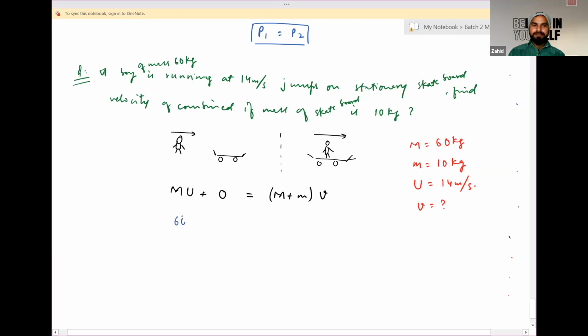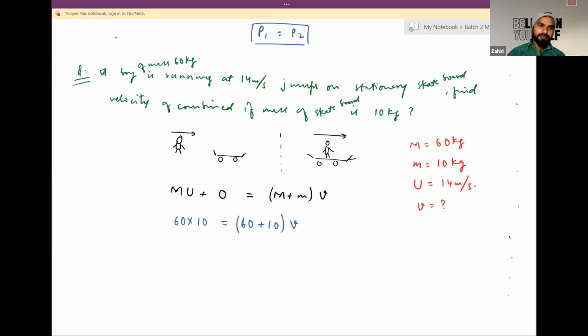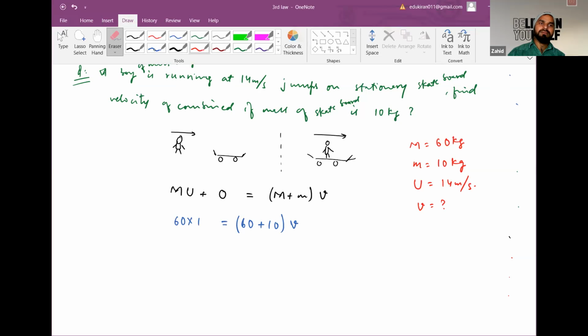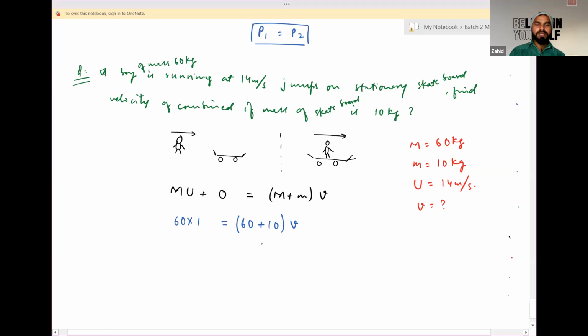Mass of boy is 60, velocity is 14, equals 60 plus 10 into V. Sixty plus 10 will be 70 times V equals 60 into 14. Move this 70 to left hand side.